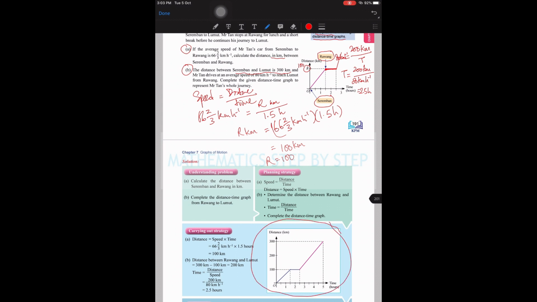He's at rest here at Rawang for 1 hour, and then he departs to Lumut. From Rawang to Lumut is 2.5 hours, so he will take 2.5 hours more to reach Lumut from here. And we know from Seremban to Lumut is 300 kilometers, so this point is the final point. So we are able to draw this graph.